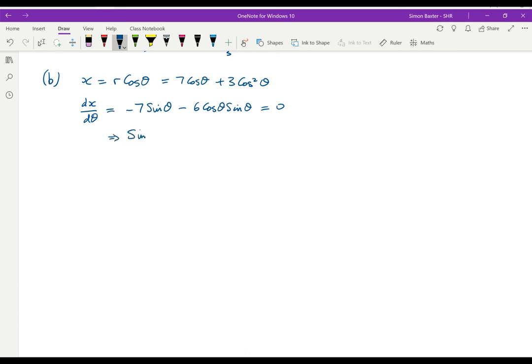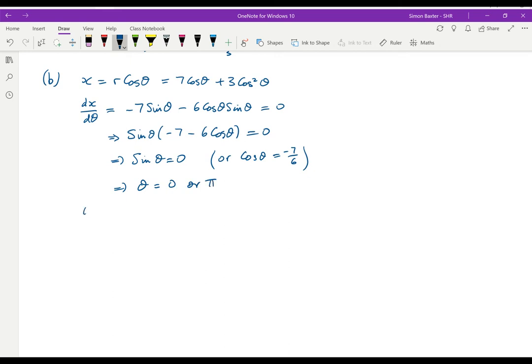Well, we can factorize this easily. Sine theta times minus 7 minus 6 cos theta equals 0, which tells us that sine theta is 0, or cos theta is minus 7 over 6. That's not possible. Sine theta is 0 gives us theta is 0 or pi.